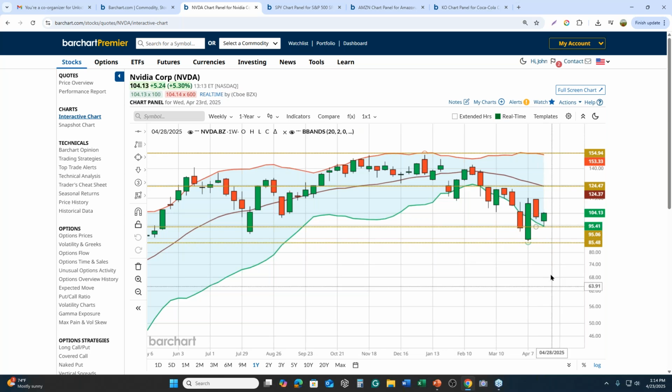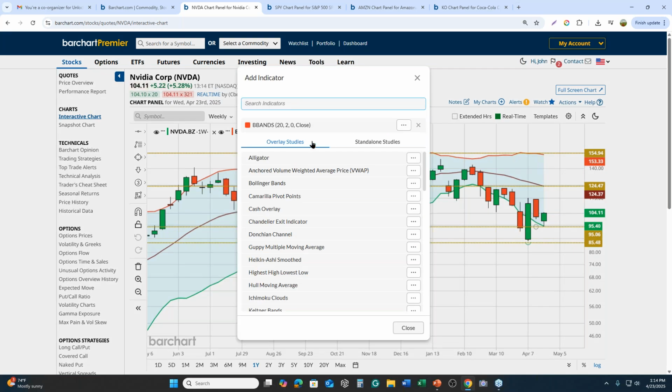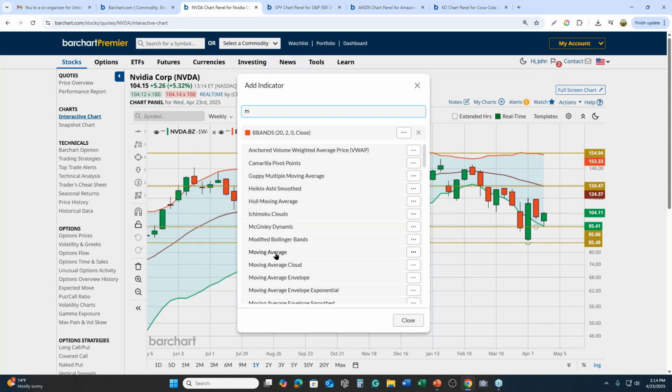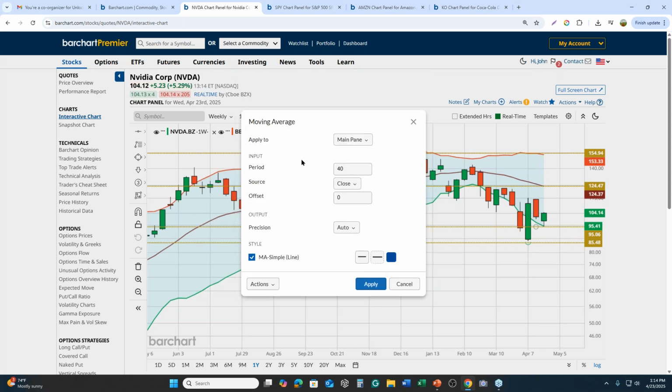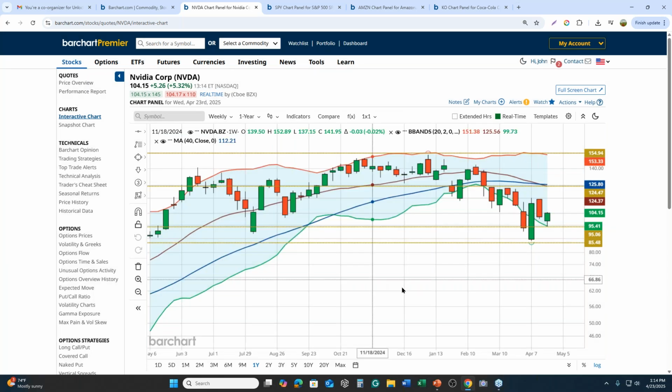Now, again, we said we could look at a moving average, right? So let's add a moving average. And since this is on a weekly chart, one of the ones that I like to look at is a 40 period or 40 weekly moving average. And what do we see here?